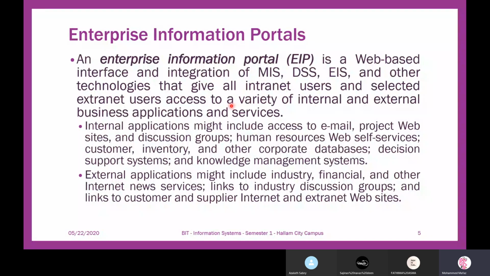So this is like a big system where you have all these capabilities and you have this intranet extranet concept. So you already know what is intranet, where employees or people relevant to an organization will have access to some of the things within the organization, such as access to email, project websites, discussion groups, human resources, web self-services, customary inventory, whatever is relevant to the organization.